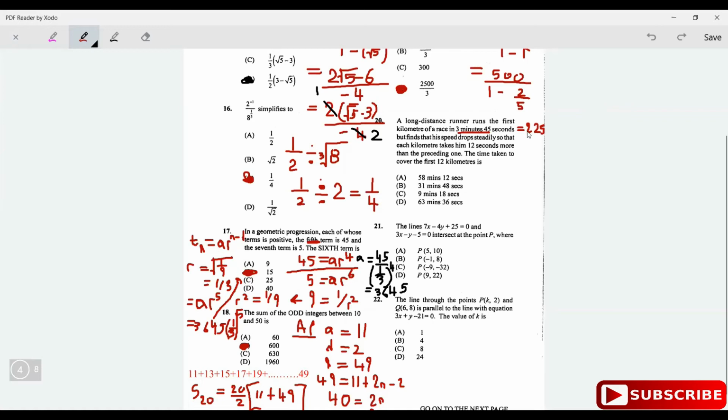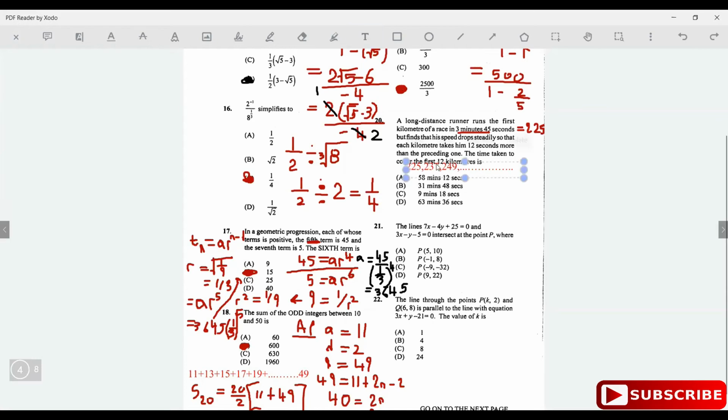Now, look at this now. So 225 seconds, that's his first kilometer run. If you're to list it out like a sequence, his first kilometer is 225, his second kilometer is 237, the next one would be 249, and so forth until he reaches the 12th kilometer.